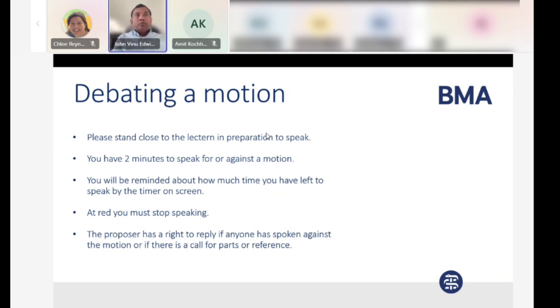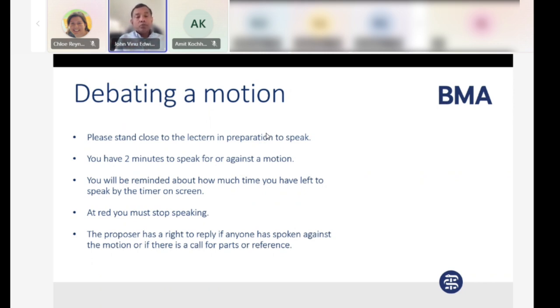So again, if you're speaking for or against a motion, you've got 2 minutes. As I said, the proposer's got 3 minutes. You'll have a small circular dial timer on the screen. There's a screen on the lectern. It's not visible to others. It's visible to you because it's facing you. The small screen is green, and as you speak, it's like a timer, and it turns into a red circle.